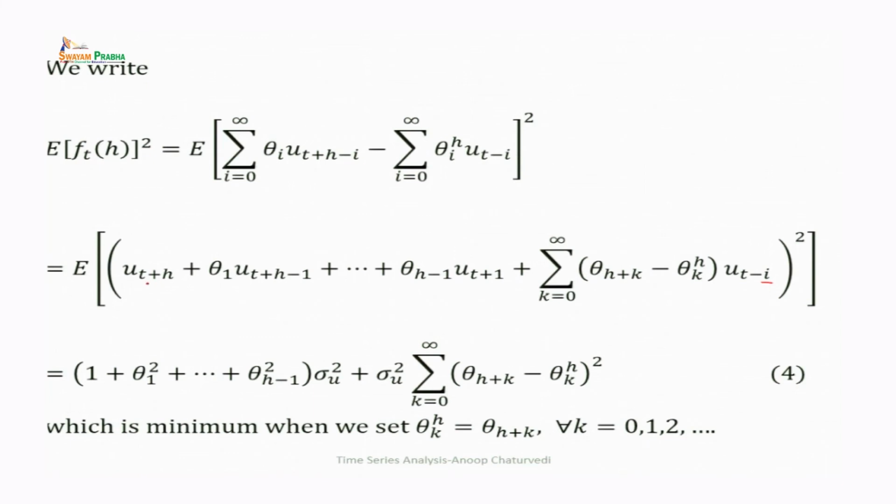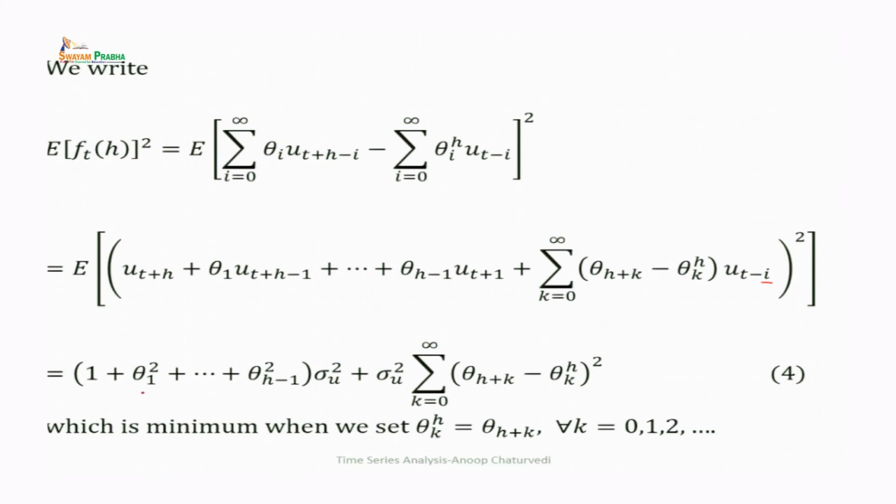Obviously, the expectation of all the cross product terms are equal to 0. So, we just focus on the square terms only. Expectation of square of the first term is sigma square u, then you have square of the term theta 1 square, expectation of which is again sigma square u, and so on.